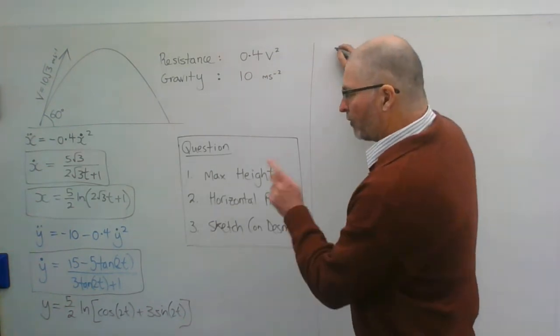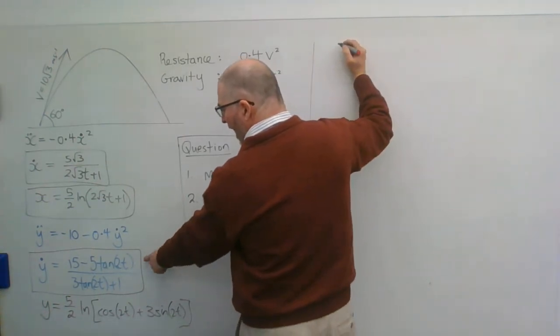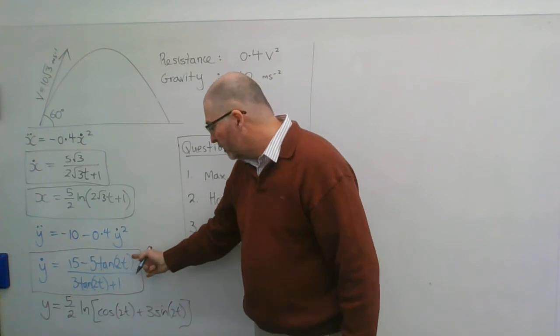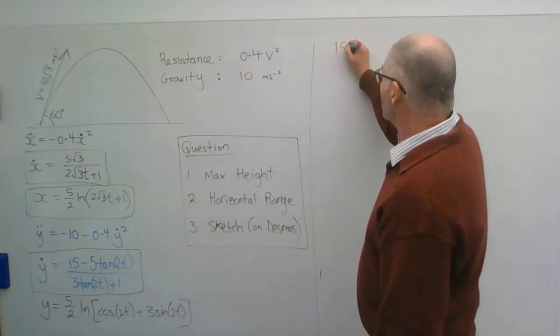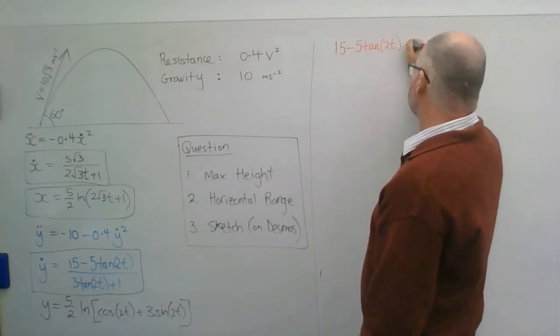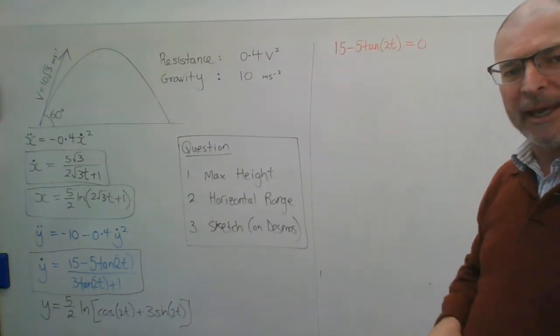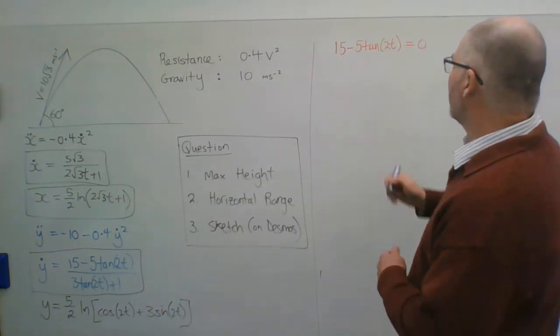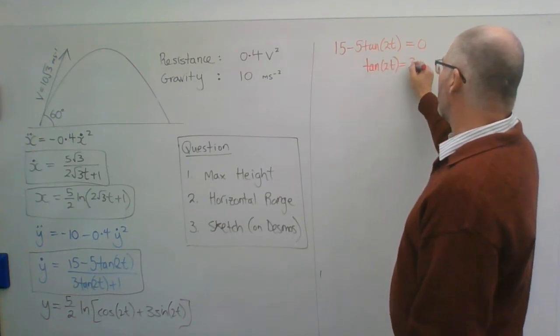So our vertical velocity is here. To make that equal 0, that means the numerator is 0. So 15 minus 5 tan 2t has to equal 0 for our vertical velocity to be equal to 0, which means tan 2t equals 3.